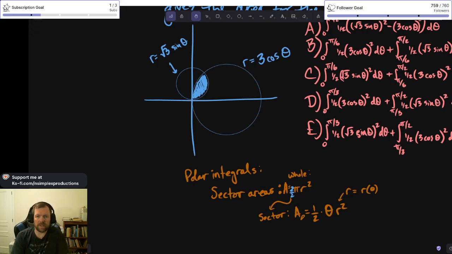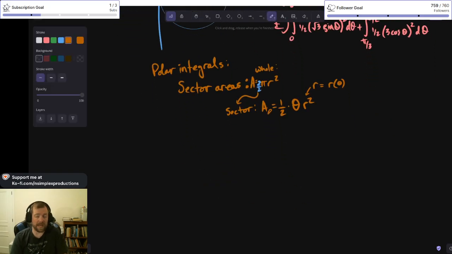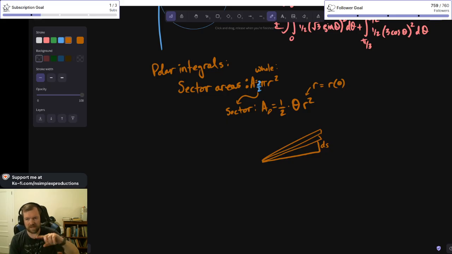When we start thinking about what we're going to do for calculus, we're going to be looking at infinitesimally small sectors for a particular function, which may have different radii based on our current value. So here this is our ds, which is the arc length.